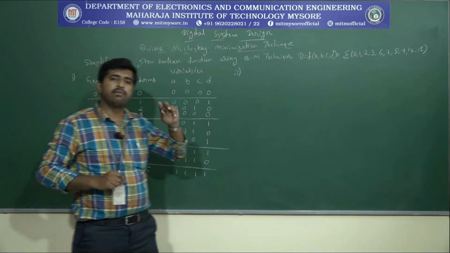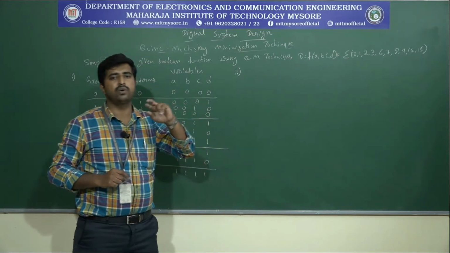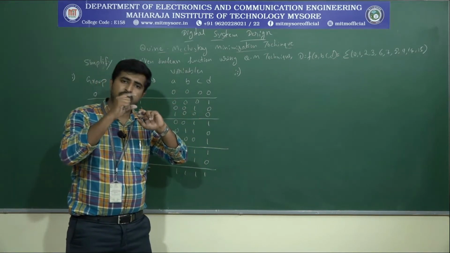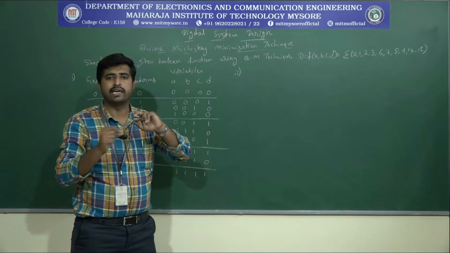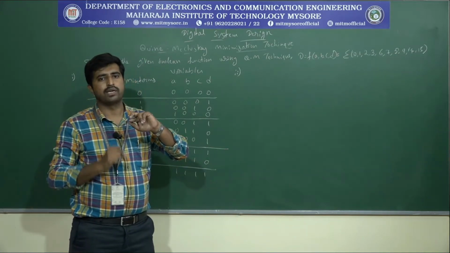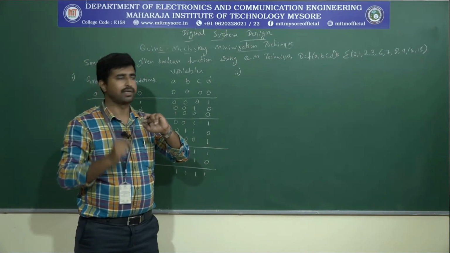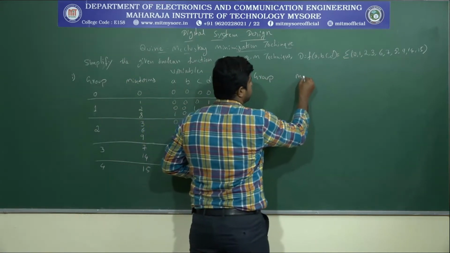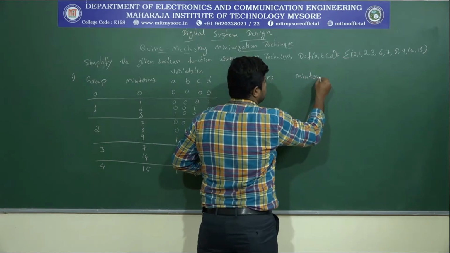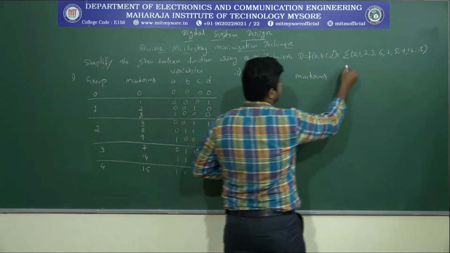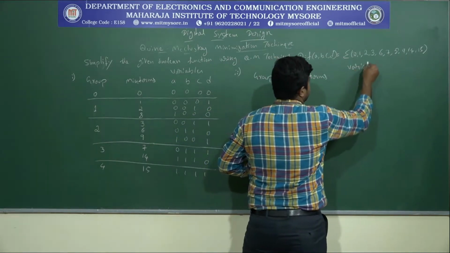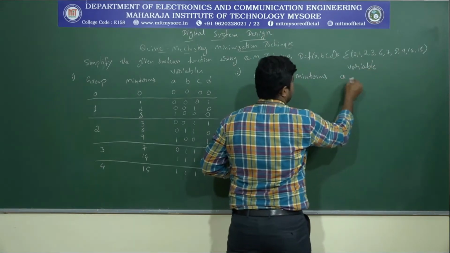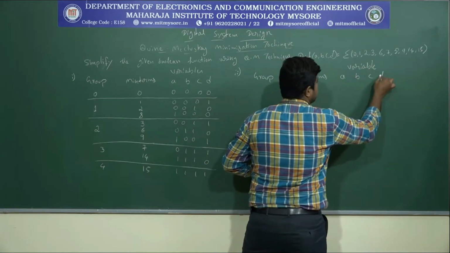The variable position that differs in one variable should be indicated with a dash. Let's see that. So this is the group, min terms, and variables A, B, C, D.